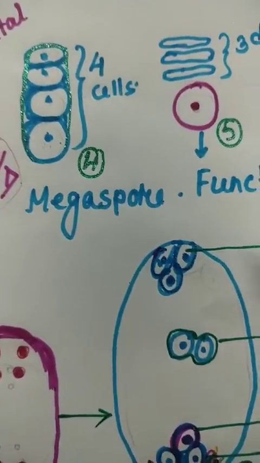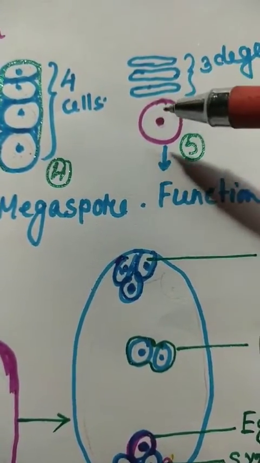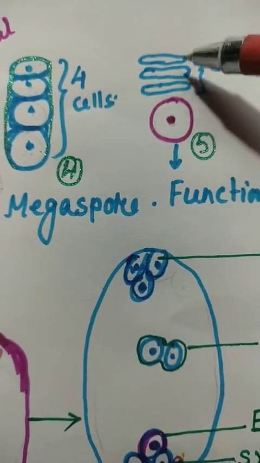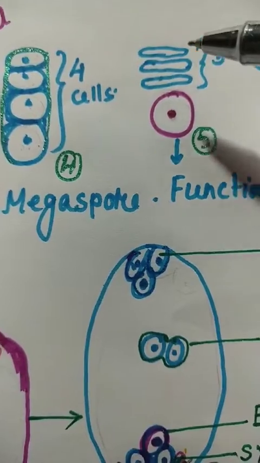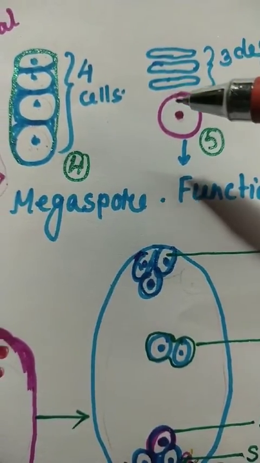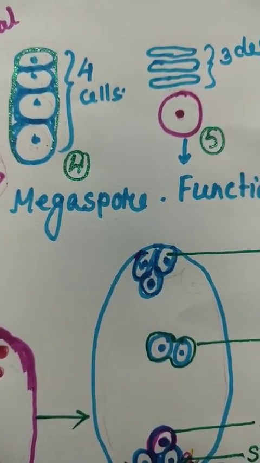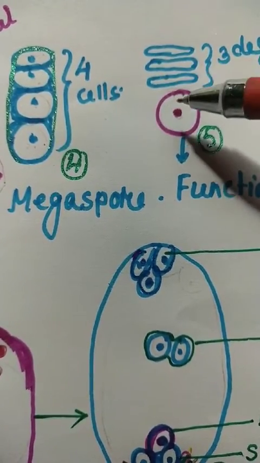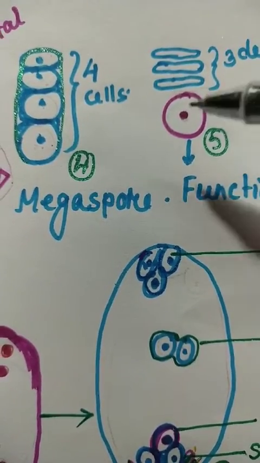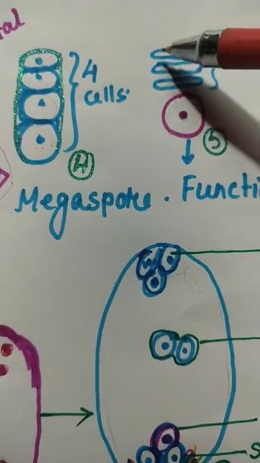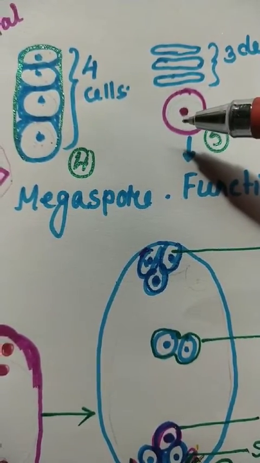Another important point here: as out of 4 megaspores, only 1 becomes functional and 3 degenerate, the development is called monosporic embryo sac development. This functional megaspore will form the female gametophyte, or the embryo sac.